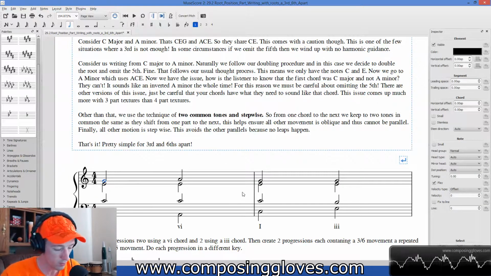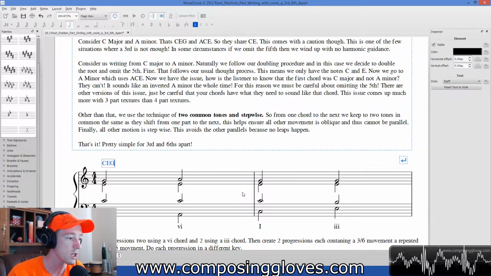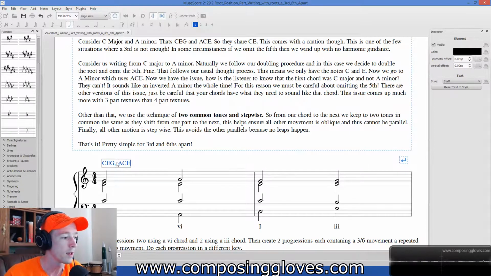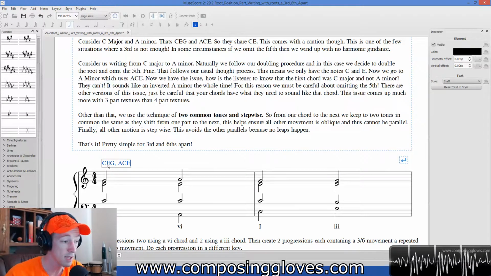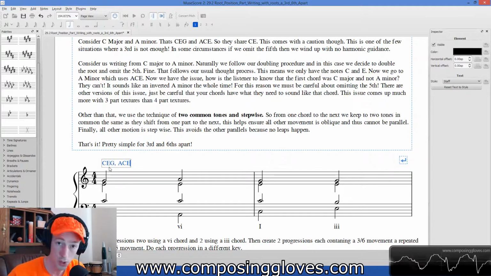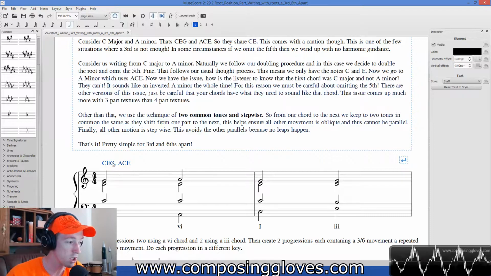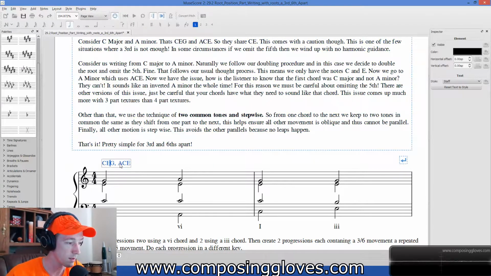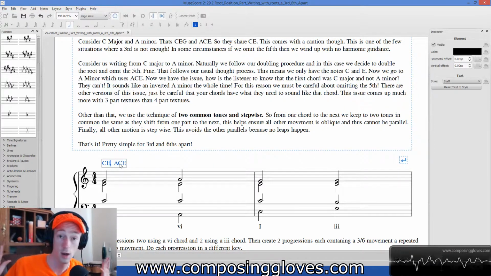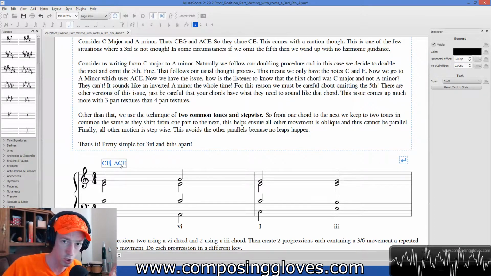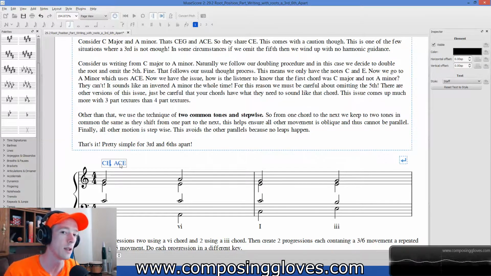Consider our previous example of C, E, G to A, C, E. If I kept the C and E on both, it would just sound like I inverted the C major triad. If I left out the G, this would sound like C major the whole time. Imagine the G wasn't there because we followed our doubling procedure and for whatever reason we omitted the fifth.